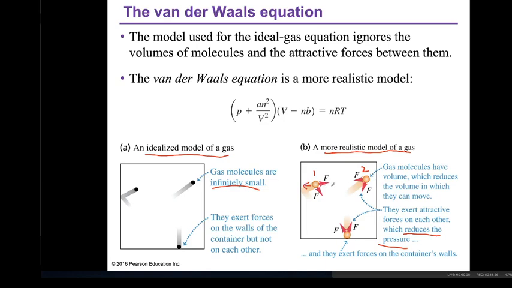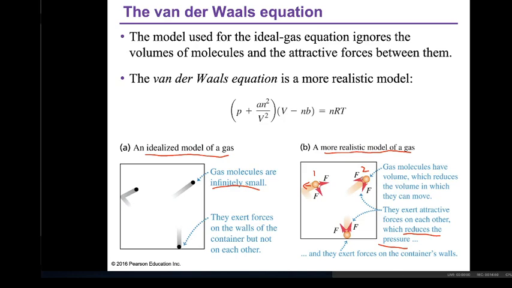But when they interact with each other, the molecule hits the wall more weakly. That's why it reduces the pressure. And the last one, they exert forces on the container's wall. This is the same as in the ideal gas.